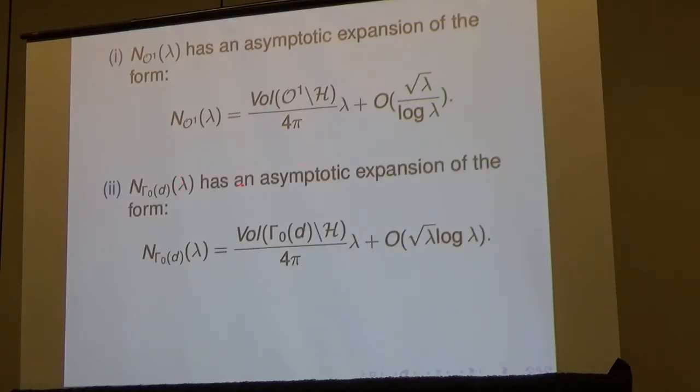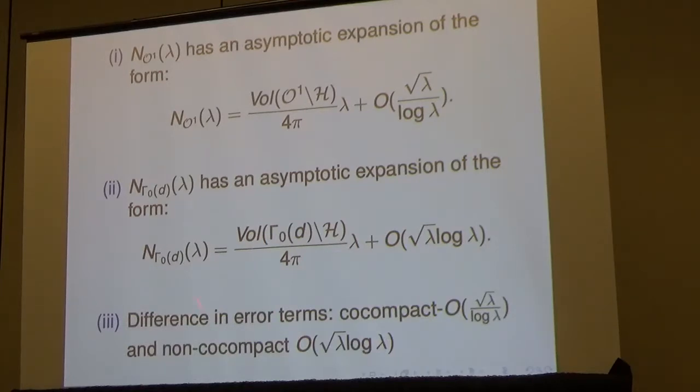When we look at the asymptotic expansion of the spectral counting function related to the Hecke congruence group, it has very similar first terms, but then it has an error term of the order of the square root of lambda log lambda. I just draw your attention to it, because this is going to be critical.